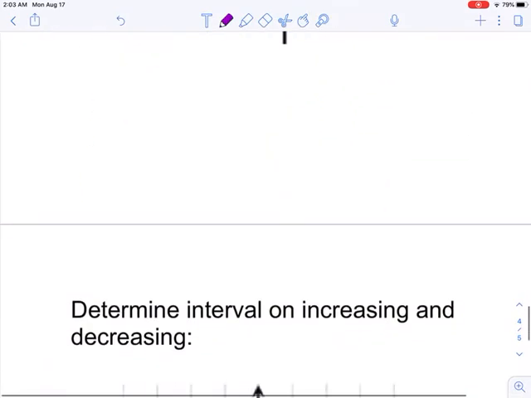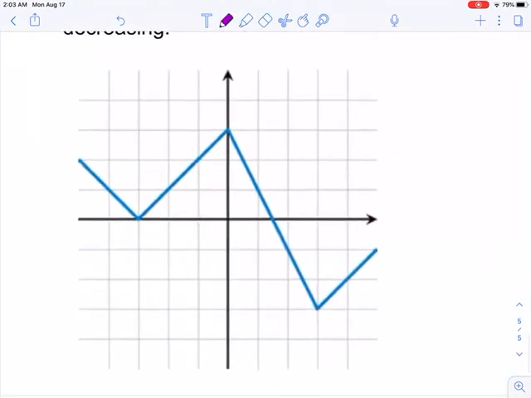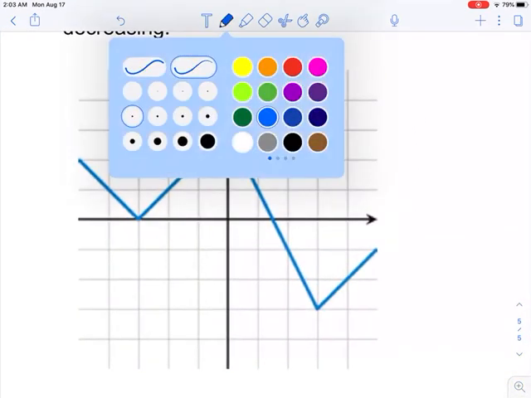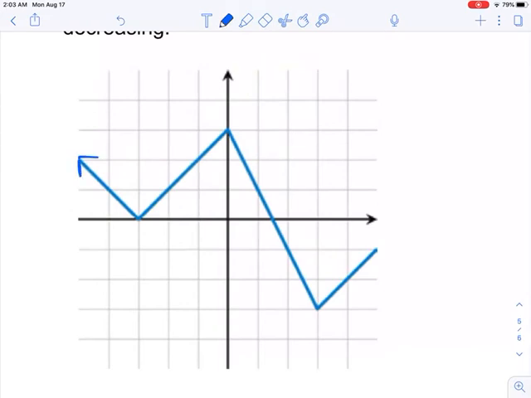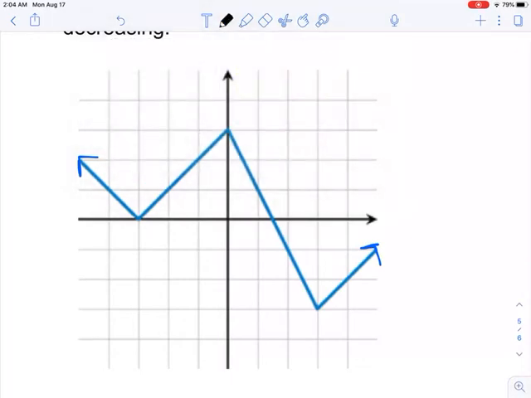Okay. So this is the graph that we're going to use, and let's go ahead and assume that it goes forever in both directions, so I'm going to add those in right there. We are going to determine our intervals of increasing and decreasing.